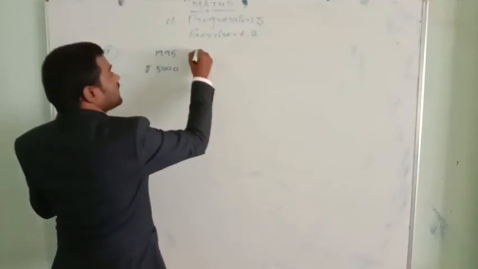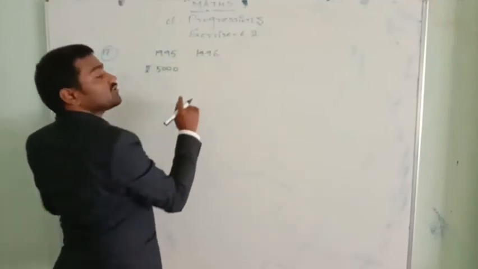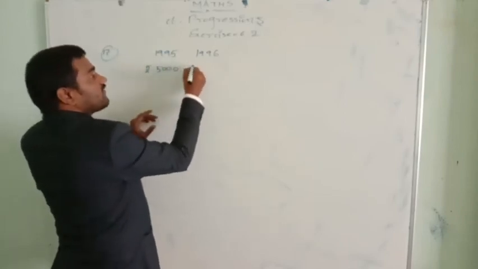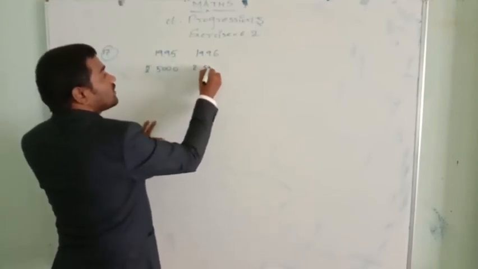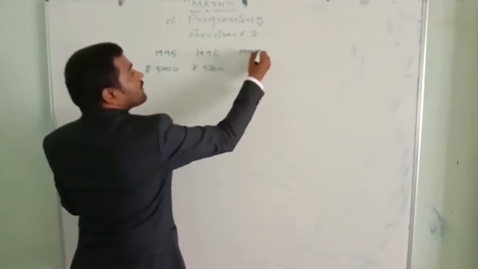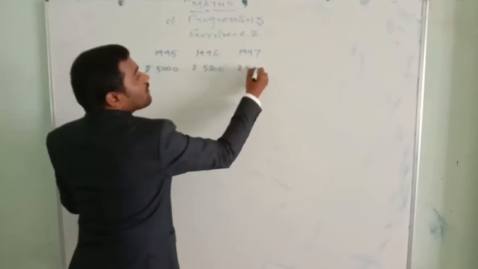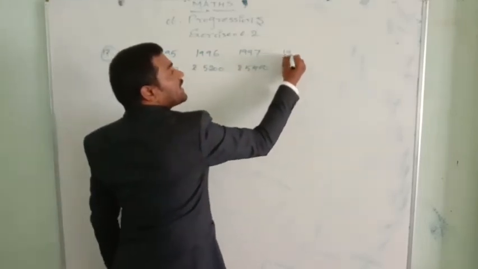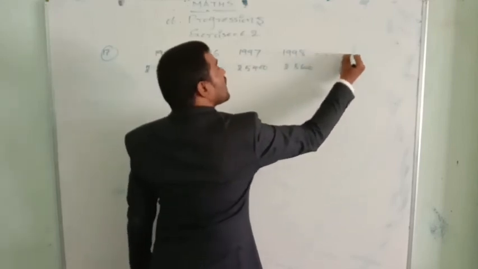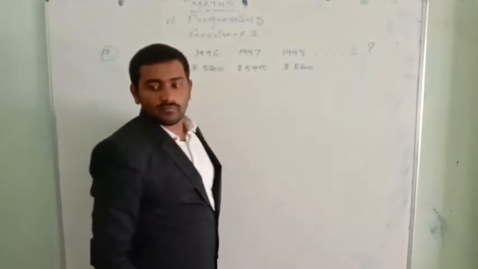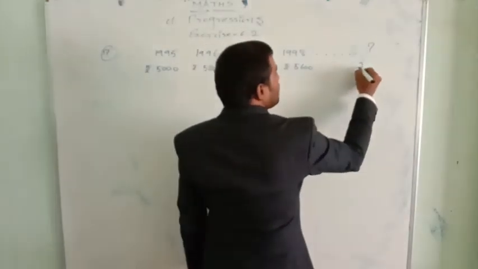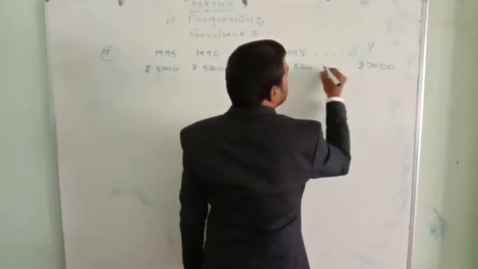That means in 1996, every year he received the 200 rupees increment. Here it is 5,000 in 1995. In 1996, 5,200. In 1997, 5,400. In 1998, 5,600, and so on. In which year did his salary become 7,000 rupees?